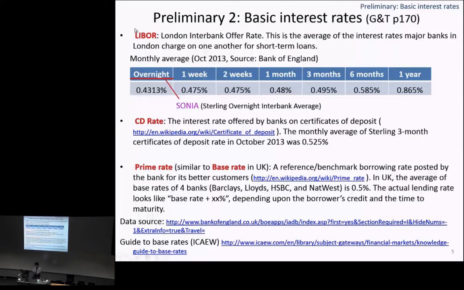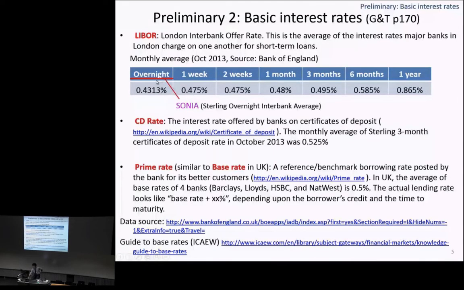So LIBOR is not exactly the interest rate at which some bank borrows from another bank, but it's a major indicator for that. In October 2013, the LIBOR for 1 week borrowing was 0.47% per year. The LIBOR for 1 year borrowing was 0.865%.